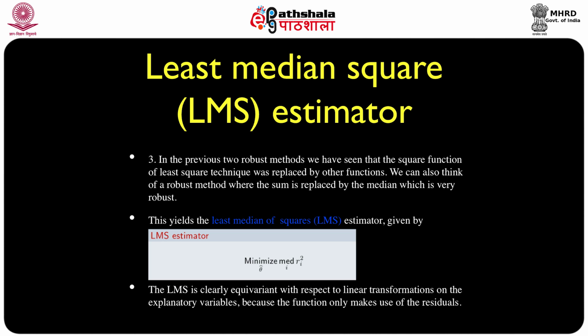This gives us the least median of squares estimator, in which case we find the residuals, we take the squares of the residual, and we find the median of the squared residuals and minimize this function to obtain the estimates of the parameters. The least median square estimator is clearly equivariant with respect to linear transformations on the explanatory variables because the function only makes use of the residuals.